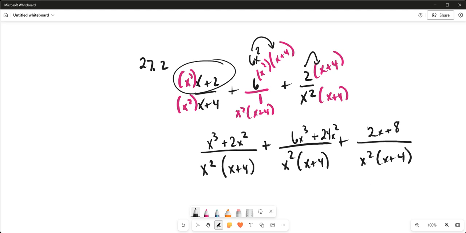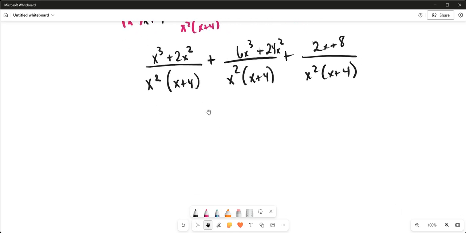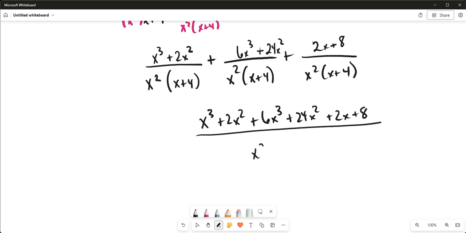All right, now I'm going to rewrite that, combining all the like terms and writing it over one denominator. So I'll probably do that in 2 steps just so that I don't make a mistake, which I can so easily do. All over x squared times x plus 4.